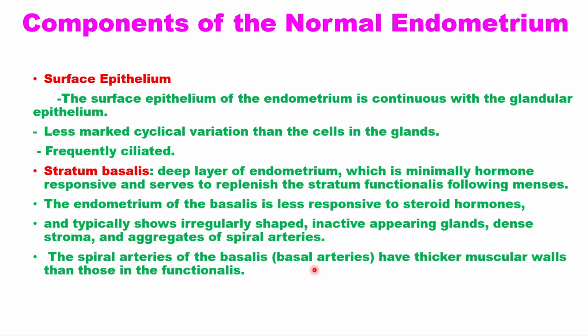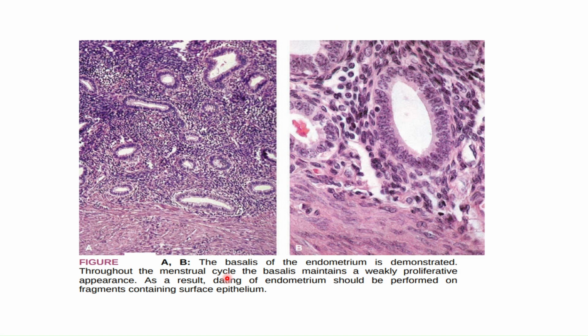These arteries have a thicker muscular wall than those in the functionalis. Here in this section, this is the basalis layer demonstrating weak proliferative glands which are tubular in nature and less responsive to hormone.